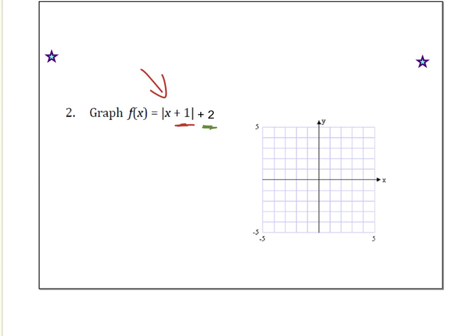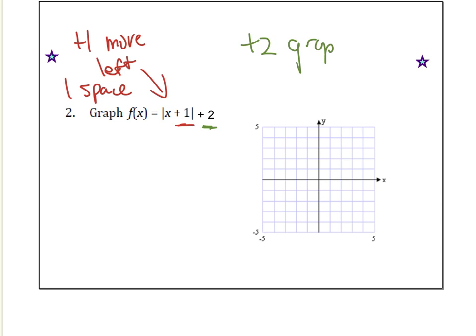The plus 1 on the inside means that the entire graph is going to move left one space. Okay? The plus 2 on the outside means the entire graph moves up 2.